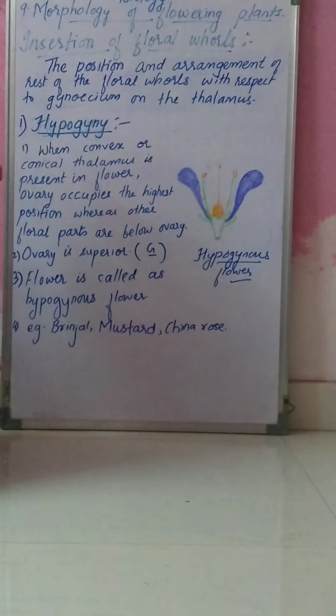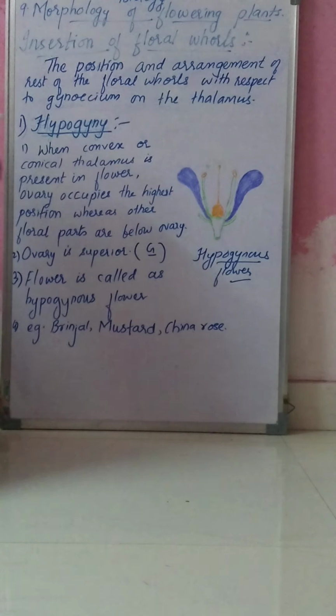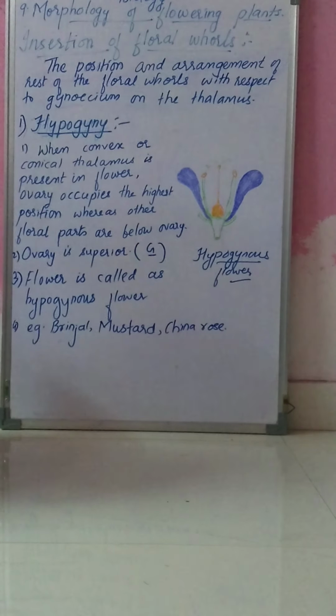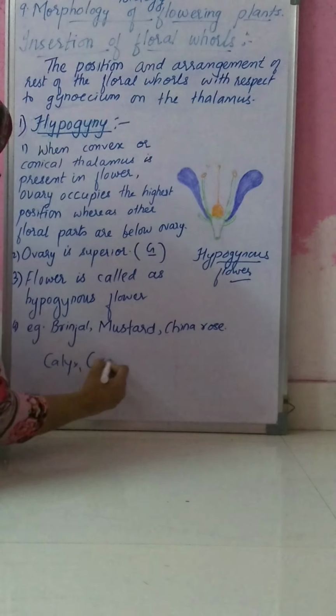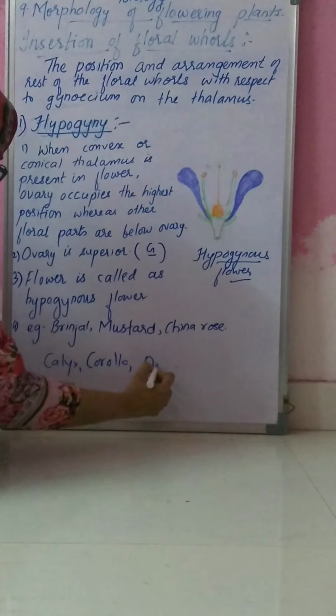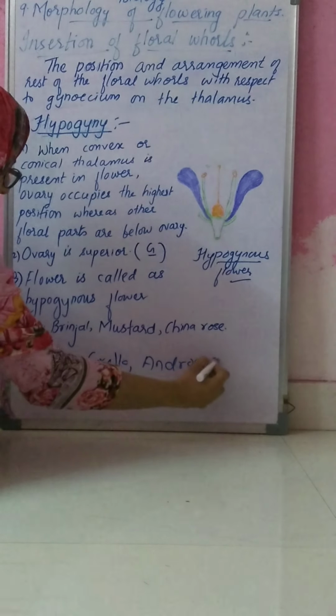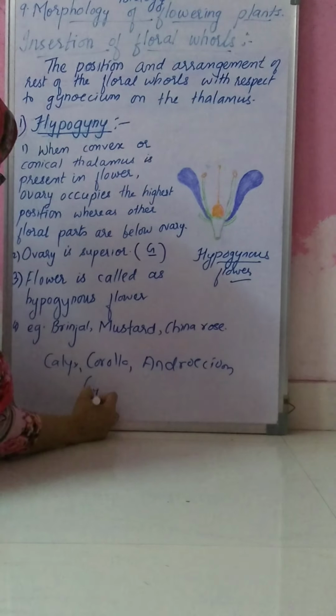Insertion of floral whorls. Now a flower consists of 4 whorls. There are 4 whorls of a flower. Those 4 whorls are calyx, corolla, androecium and gynoecium.